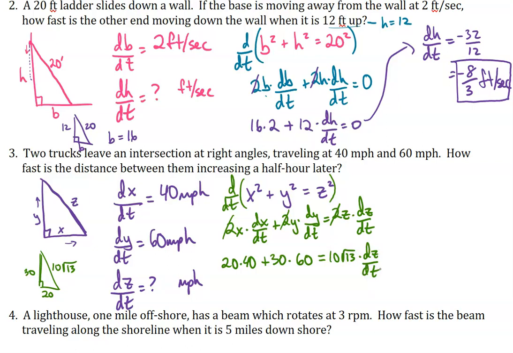Okay, and then we solve from here, and again you can use a calculator to get your final answer here. I'm going to go ahead and divide everything by 10. So I have 80 plus 180 is going to give me 260 over root 13 is dz over dt, which comes out to about 72 miles per hour.